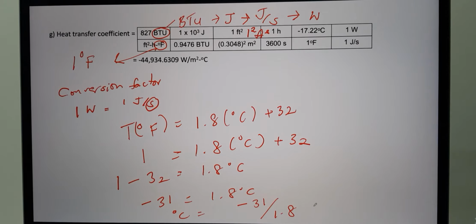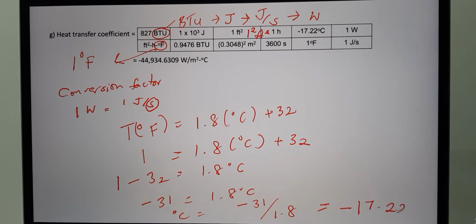You should be able to get negative 17.22 degrees Celsius. So that's why you get this value: 1 degree Fahrenheit is equivalent to negative 17.22 degrees Celsius.